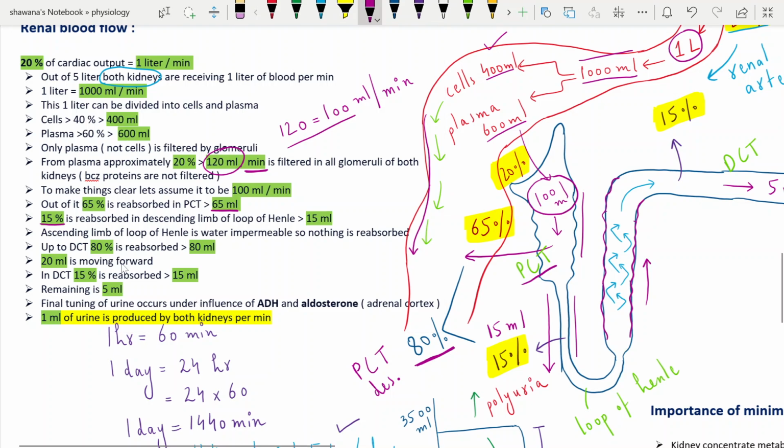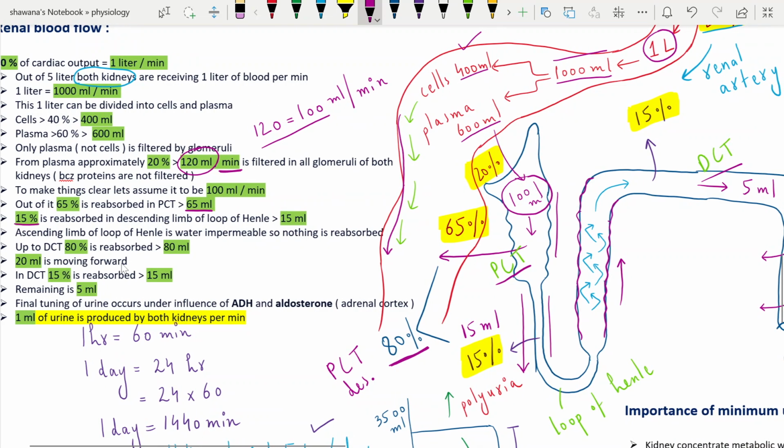Coming towards the distal convoluted tubule, up to here, 80% of the plasma is reabsorbed. In the distal convoluted tubule, 15% is also reabsorbed. So here 95% is reabsorbed from the 100 ml, so 95 ml is reabsorbed in both kidneys in 1 minute.